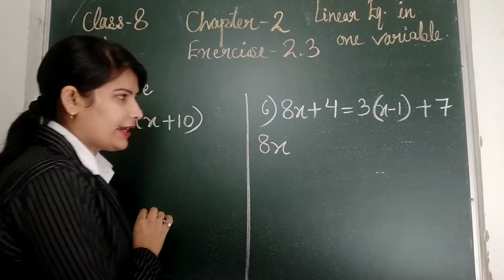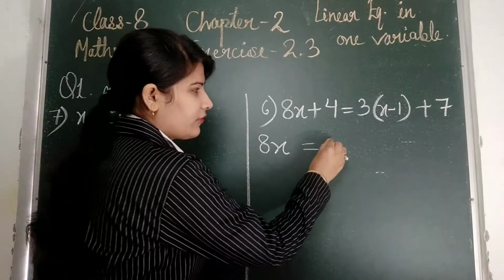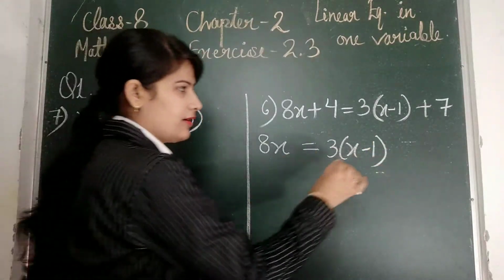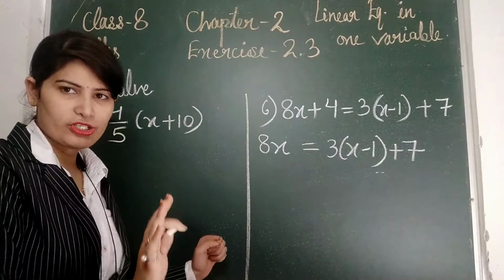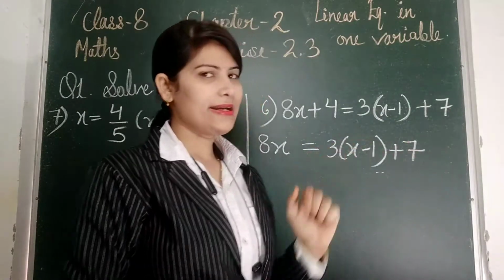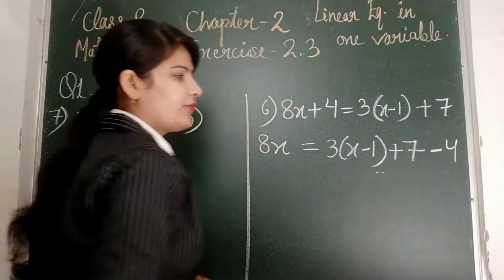Here 8x, now equal to 3x minus 1 as it is, plus 7 as it is. I am not changing the digit. Plus 4 transfers to the right hand side, it will become minus 4.